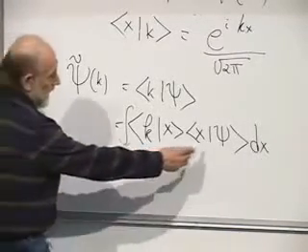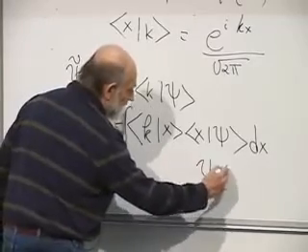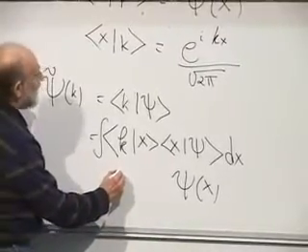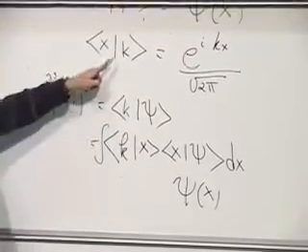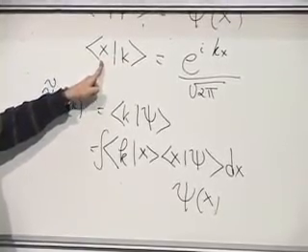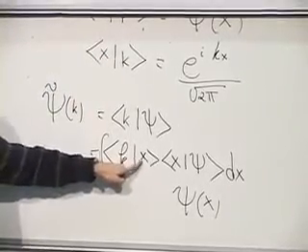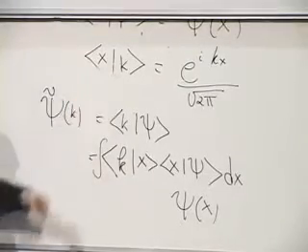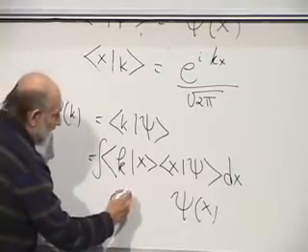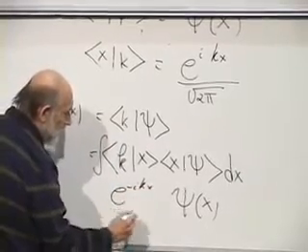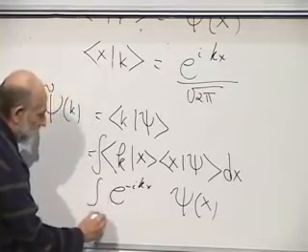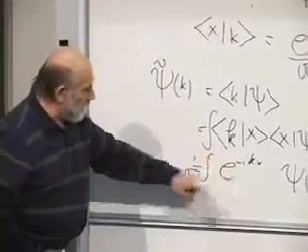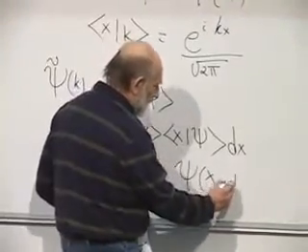Well, what is this object over here? This is psi of x. What is this object? This is e to the i kx. Actually it's a complex conjugate of this. Notice over here I have k on the right and x on the left. Here I have k on the left, x on the right. What's the relation between this and this? Complex conjugate. So I actually have to put e to the minus i kx, all divided by the square root of 2 pi. One over square root of 2 pi, integral e to the minus i kx psi of x dx.